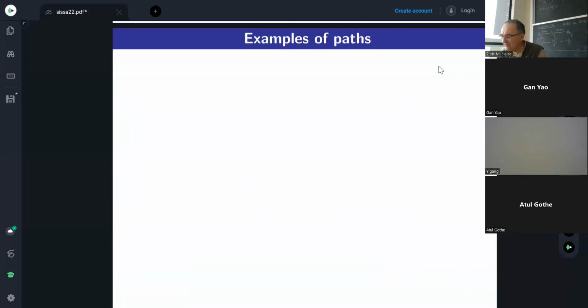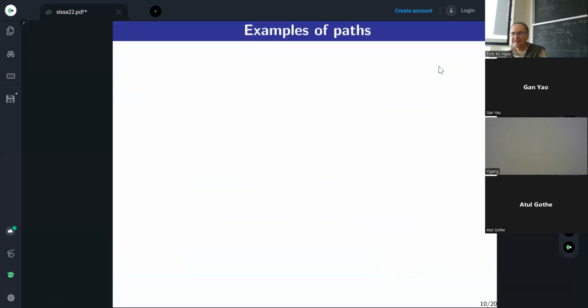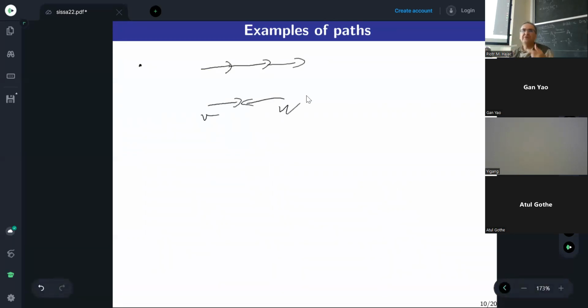Okay, so now these examples. So this is my empty slide so that I can do the examples. This is a path, the lazy path, just one point. You can have the usual path, so you go like this, like this, like this. That's also a path. This is not a path. So V and W are kind of connected, but this is not a path, right?